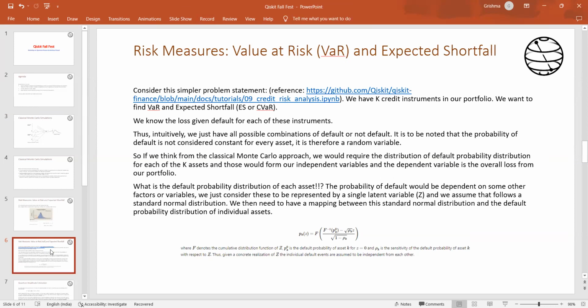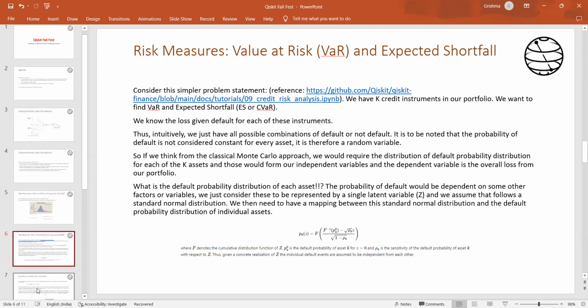What we essentially do here is consider all those factors, the independent variables, as some kind of latent variable, and your probability of default is a function of that latent variable. You are basically mapping your latent variable to the probability of default for each individual asset. So this is how you think about it classically.